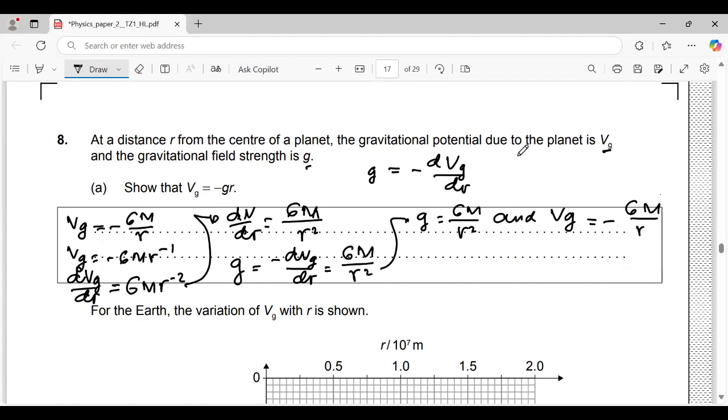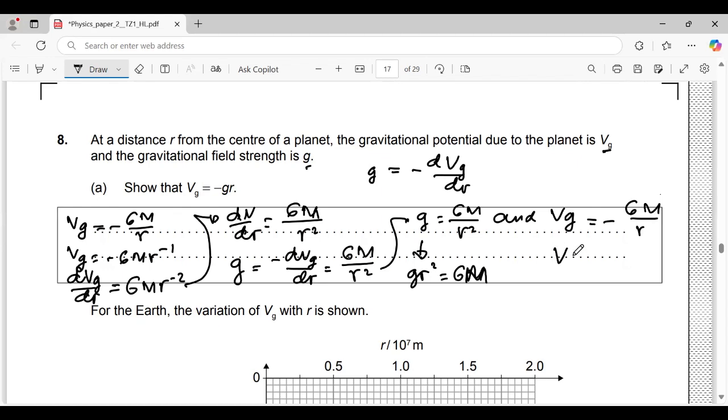And now g equals GM over r squared becomes g r squared equals GM, like that. This is M. So now substitute GM equals g r squared into this equation.